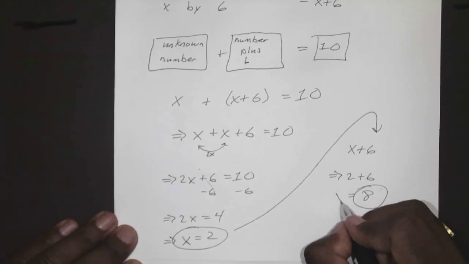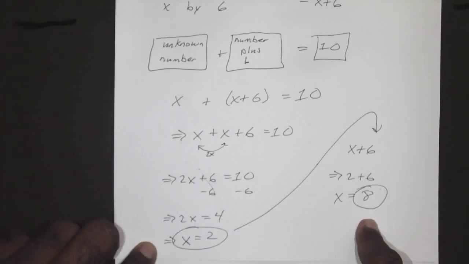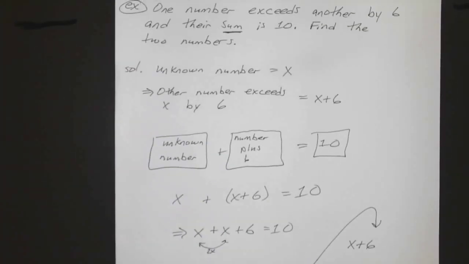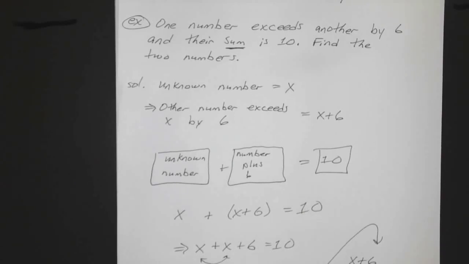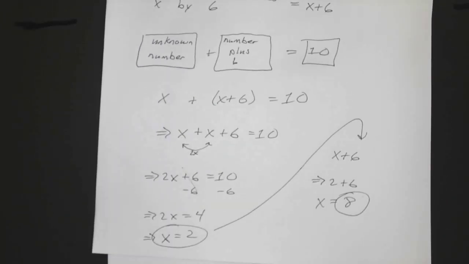So x equals 2 and the other number is 8. So once you find your answers, all you have to do is say, okay, let me go back, plug it in. 8 exceeds 2 by 6, and you add them together, it's 10. So you can always go back and double check it.